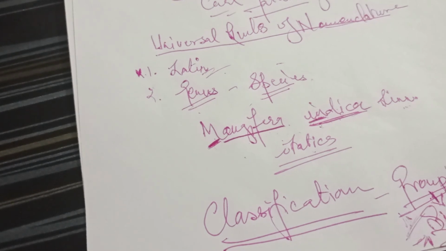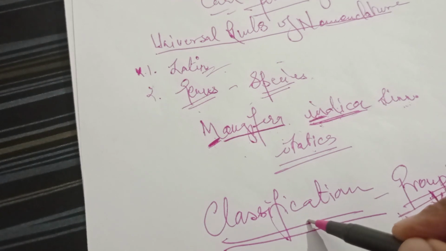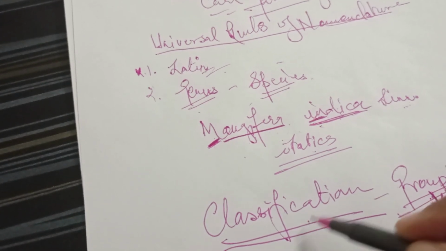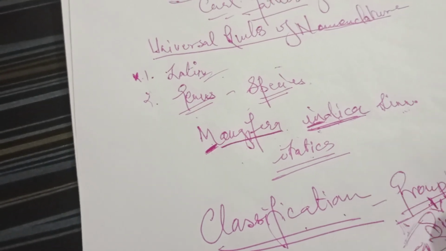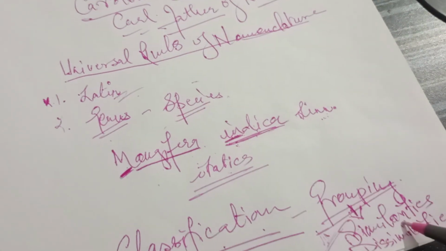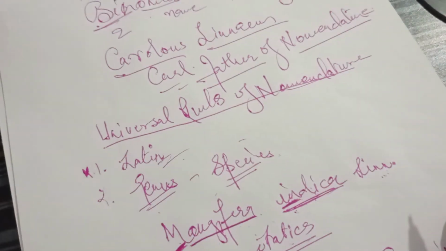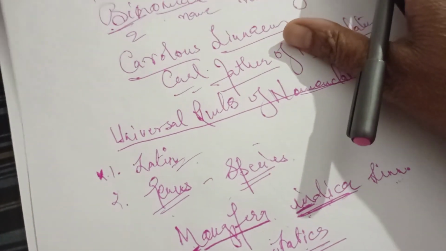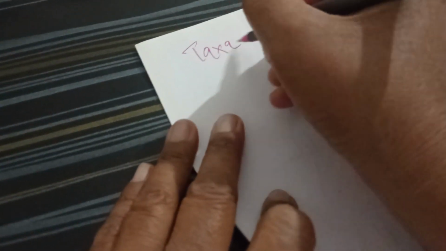basis of specific characteristics. Now what is classification? Classification is the process by which any organism is grouped into some specific categories. How? Based on their characters, meaning some similarities and some dissimilarities. These specific categories into which the organisms are grouped or classified are known as taxa.